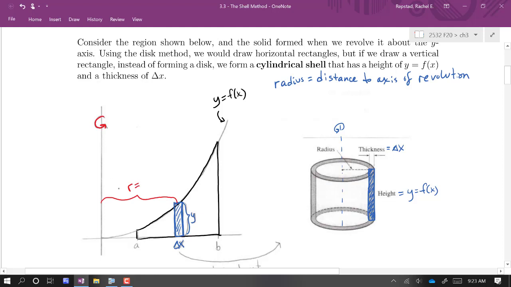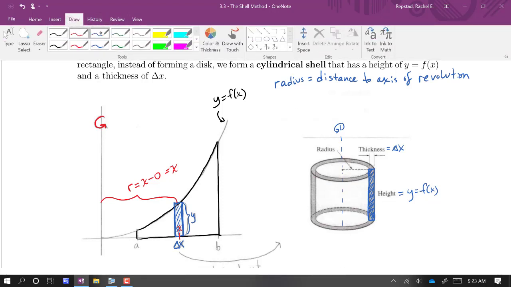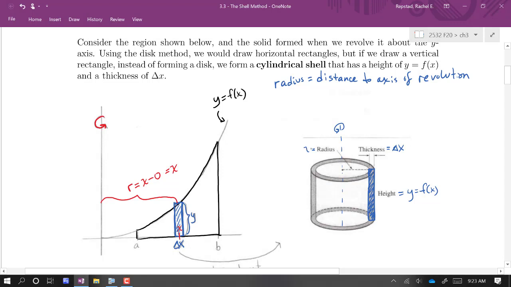In this case, that radius is a horizontal distance. It's a right minus left. If I imagine I have drawn this rectangle at some arbitrary x coordinate, then this radius is x minus 0, because the left x coordinate is 0, or just plain old x. So the radius is equal to x here.